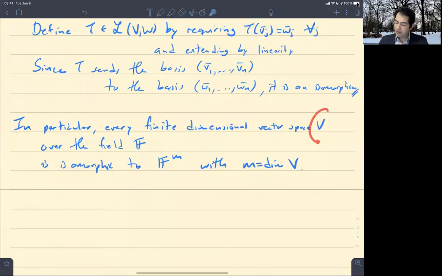So every vector space of dimension m is isomorphic to Fm.